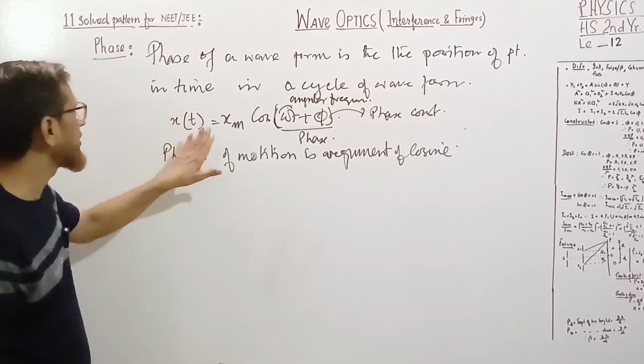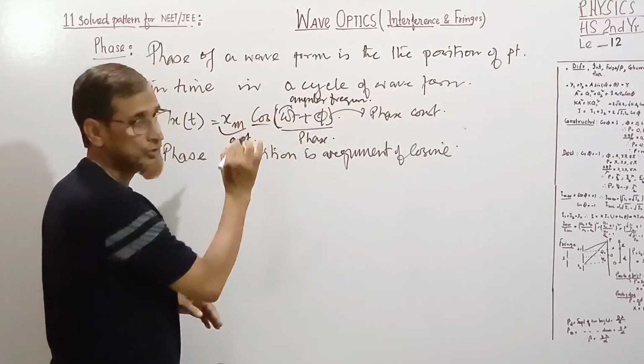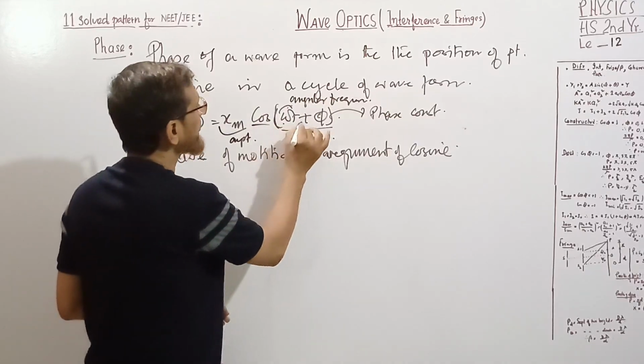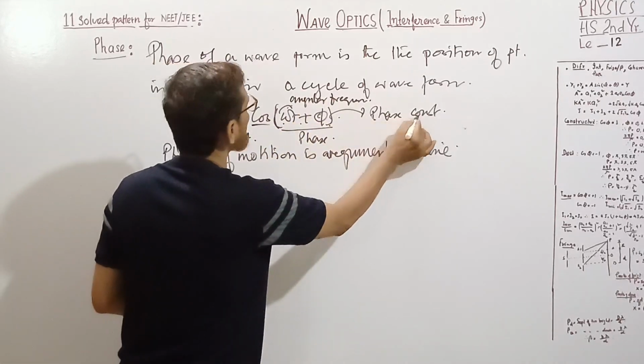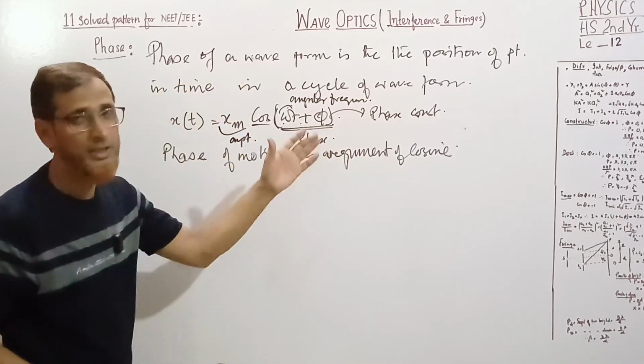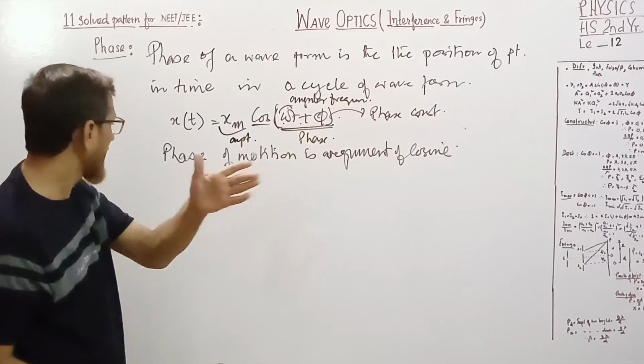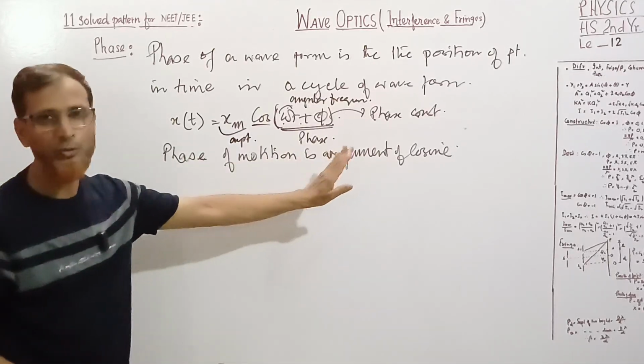That is, x(t) is equal to x_m cos(omega t plus phi), where x_m is the amplitude, phi is the phase constant, and omega is the angular frequency. Both of these added together give you the phase. Phase of motion is nothing but the argument of the cosine.